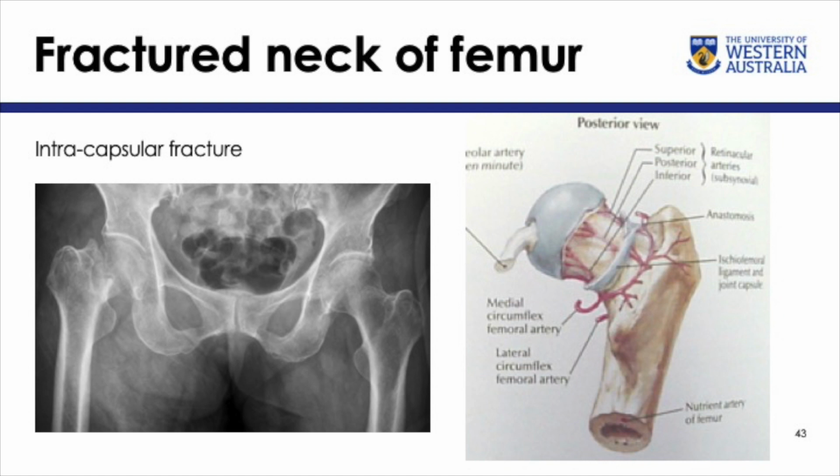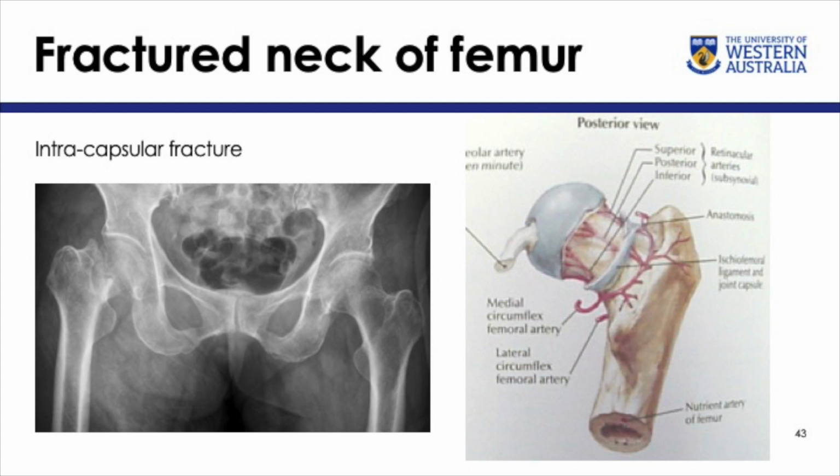If the fracture is intracapsular, then those retinacular arteries have been disrupted, and there is a high chance that the blood supply to the femoral head is compromised. If the fracture is extracapsular, such as a trochanteric fracture, then those retinacular arteries should be intact, and the blood supply to the femoral head, therefore, patent.